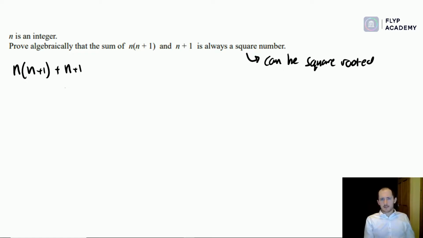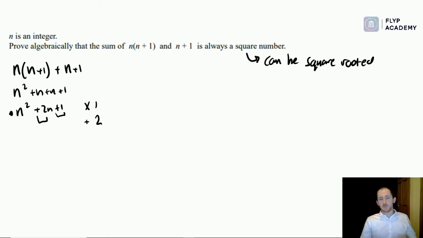Will that help? Well, n times n, that gives me n squared, plus n, plus n, plus 1. That gives me n squared, plus 2n, plus 1. Okay. Now, can I factorize this? And this is a skill we're actually going to come on to a bit later. But when you factorize, if it's just an n squared at the front, so there's nothing in front, we're looking for two numbers that times to the number on the end, 1, and add to the number in the middle, which is 2.